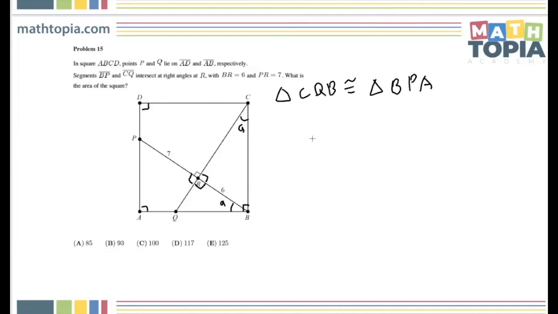And this is most important in showing CQ is equal to BP, right? CQ is equal to BP, and BP is just 13. So therefore, CQ is 13.